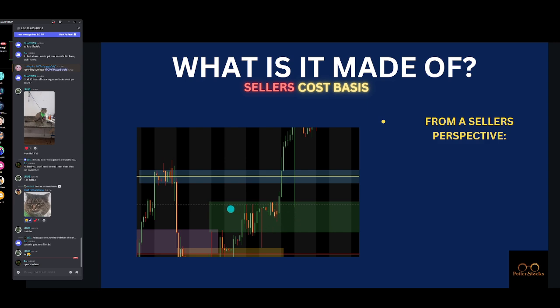And as far as selling is concerned, everybody needs to know what sellers do. I've talked about this in some of the previous classes, but sellers borrow shares at a higher price. So for example, if you were a seller and you saw candles pushing in here, you might put in a position to short right around this mark.